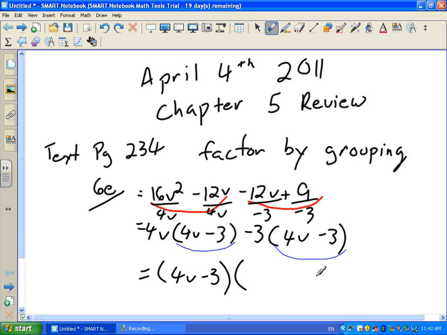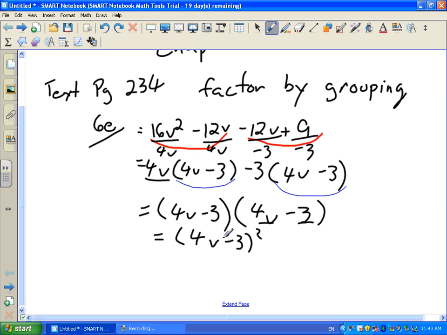And then I put as my first and second term what's left over. Well, I had 4v and I had minus 3. So this one just happens to work out where the brackets are the same. How would I write this? 4v minus 3 squared. That's right. I would just write this as one bracket squared. So that question just happened to come out that way.